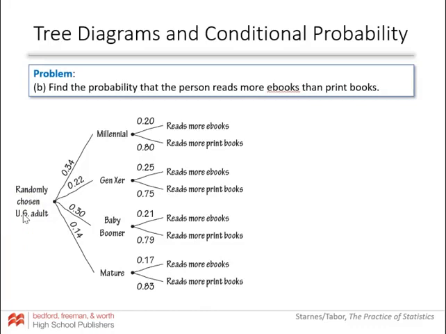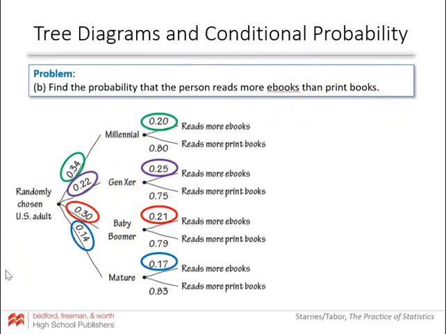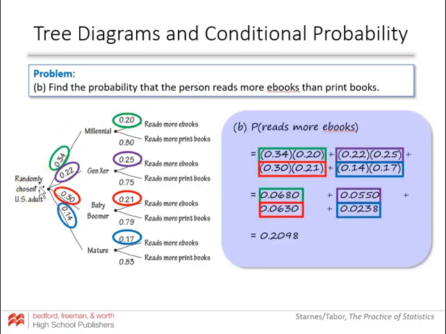All right, so we need to know reads more ebooks than print books, but for each different generation. Okay, so what we're going to do here is I need to know what percent of millennials read more ebooks, Gen Xers, baby boomers, and matures. Okay, so for each of these probabilities, I'm going to multiply them.